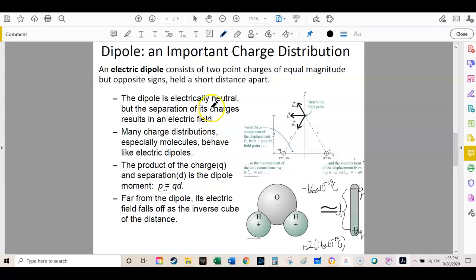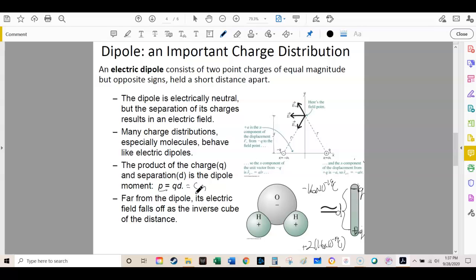So this dipole moment, you've probably run into this in your chemistry class, has a P here, and that's not momentum, it's moment, okay. It's kind of an electric polarity thing, and its units are coulomb-meters, okay.